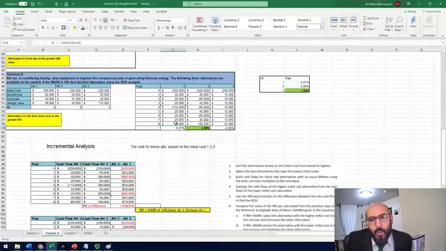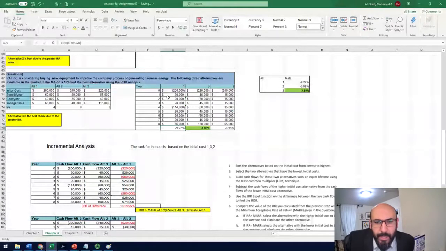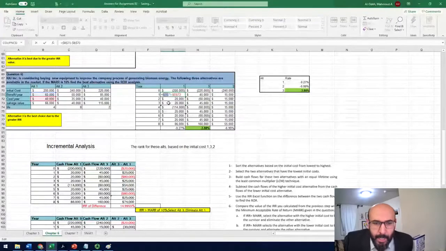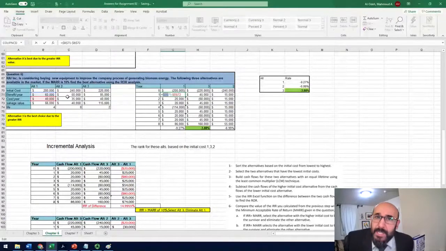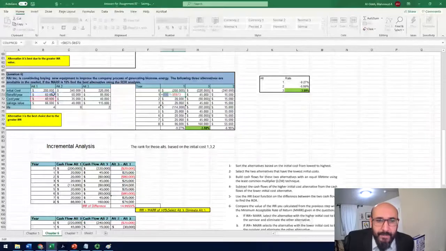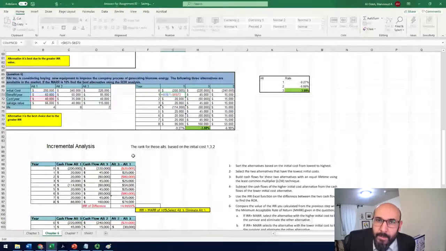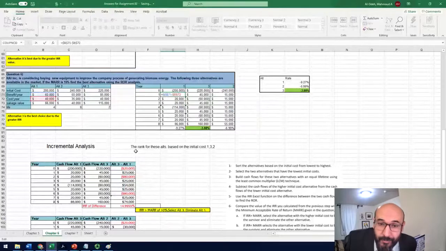All right, so now I want to highlight something, as some people will ask me, why did you have the dollar sign here? Well, because I want to use the same cell again and again, which is cell B71 here on my screen. I want to lock that cell. In order to lock it, you add a dollar sign before and after the letter of that cell.